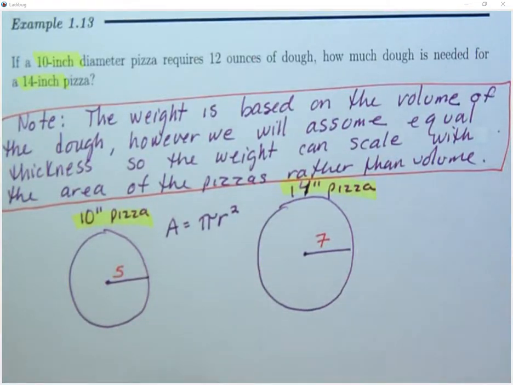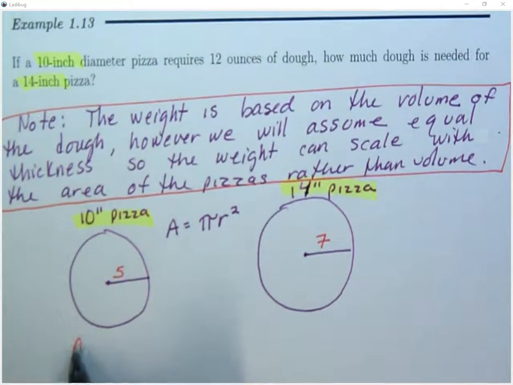So now we're going to fill in a proportion, because we know that the 10-inch pizza requires 12 ounces of dough, but we need to find the amount for the 14-inch that's comparable. So it'll be in the same proportion. So first let's figure out the area, and then we'll set up our proportion.